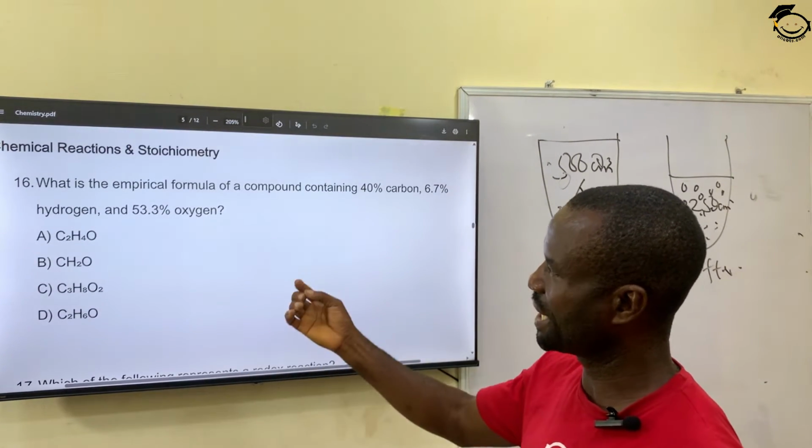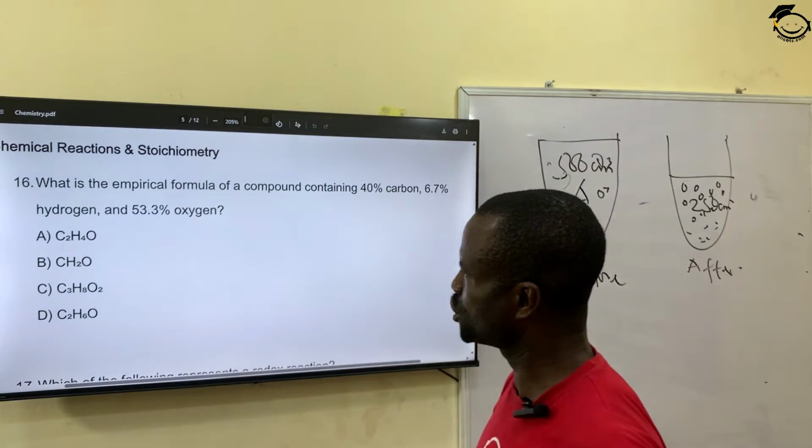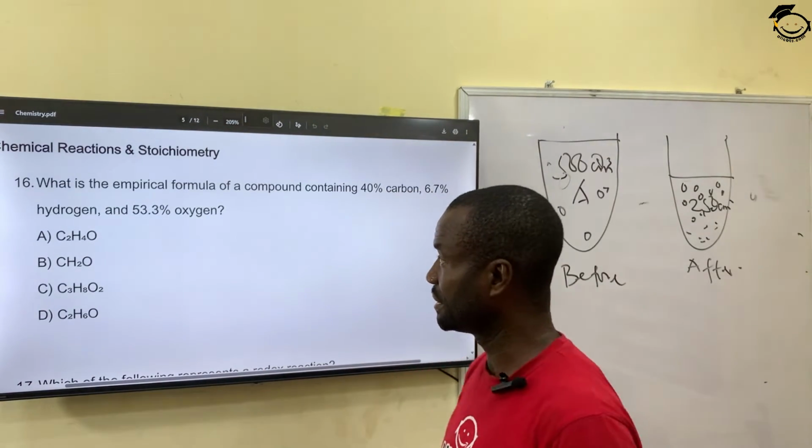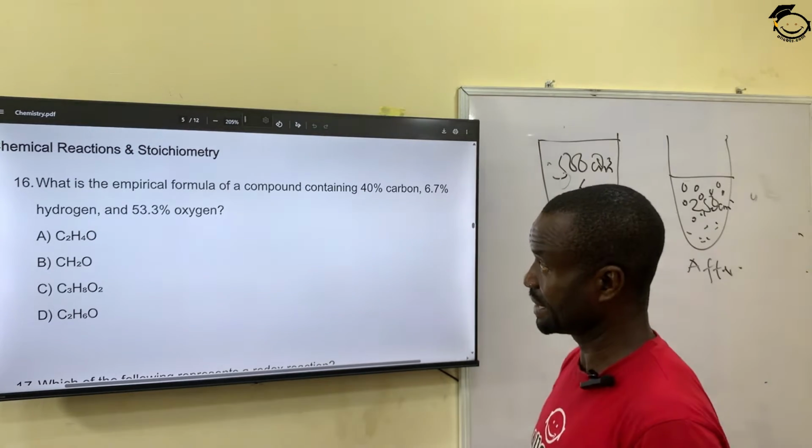Number 16. Here we are looking at the topic chemical reaction and stoichiometry. That is some calculation involved in chemistry.